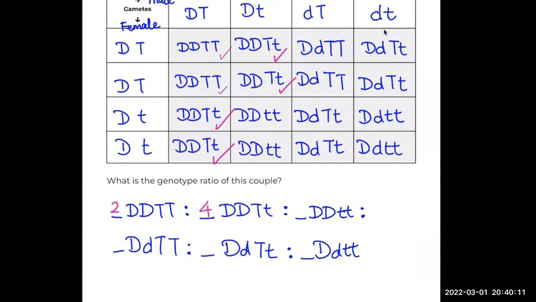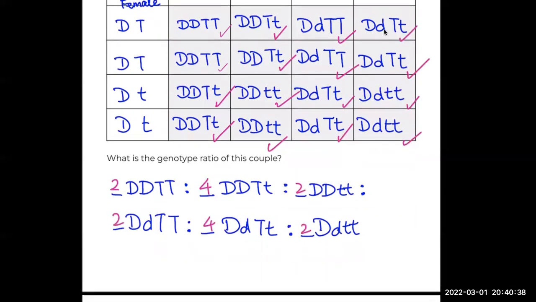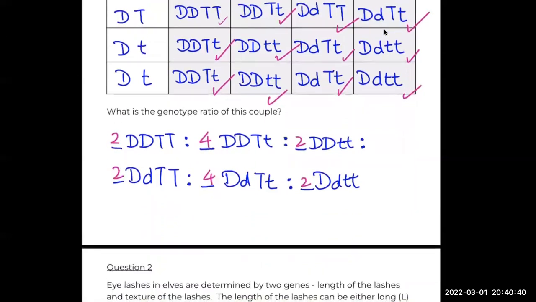There you go. All right, next one. 2 big D's, 2 little t's, 1, 2, and that's it. Next, 1, 2, just 2. 1, 2, 3, 4. There you go. And then the last one, 2, right here. So that is your genotype ratio.